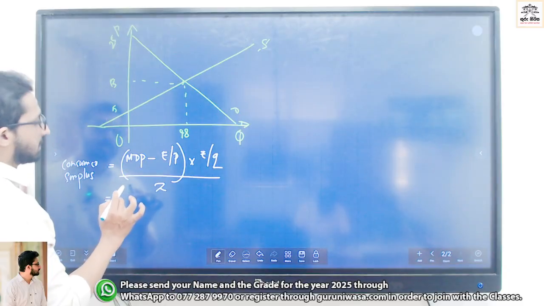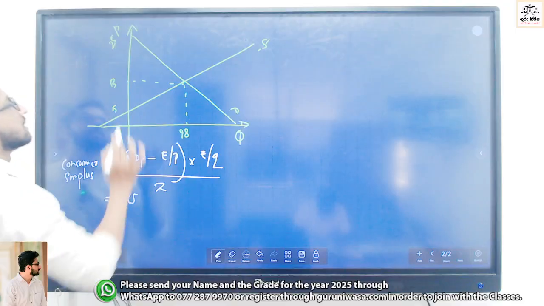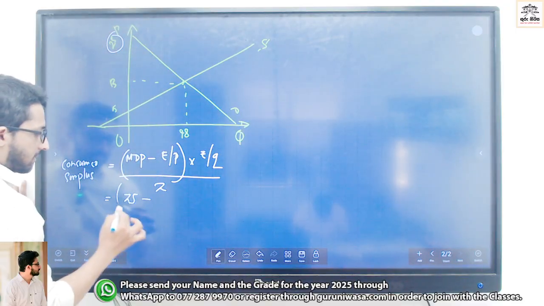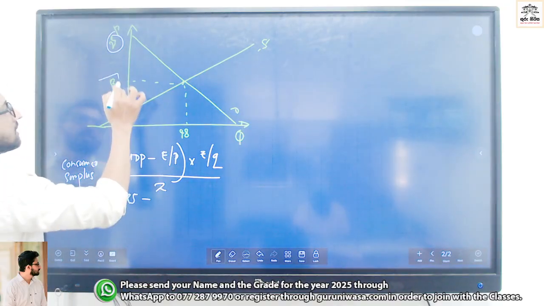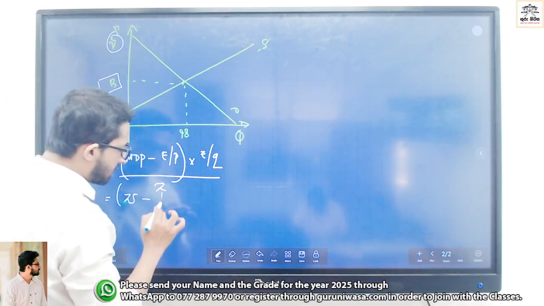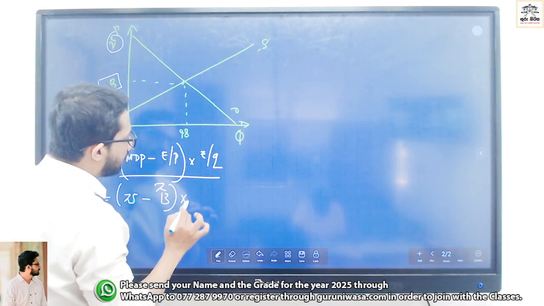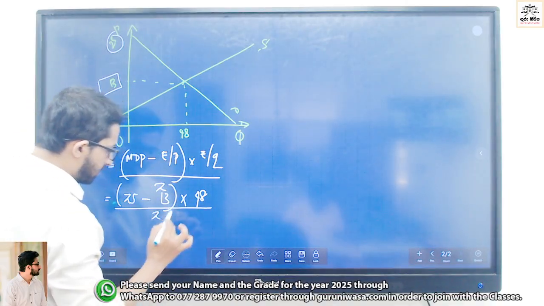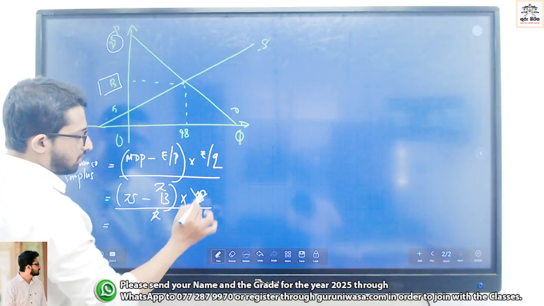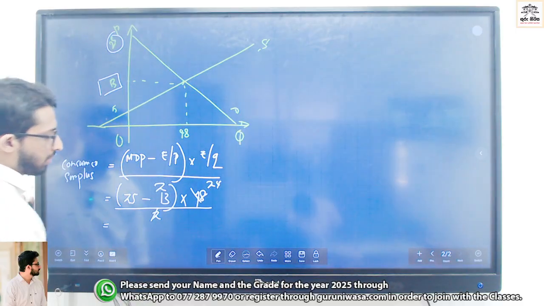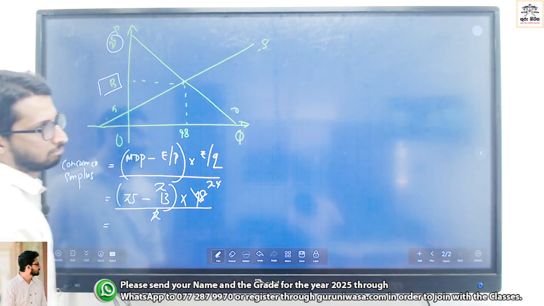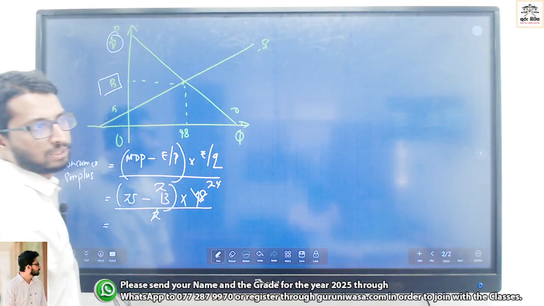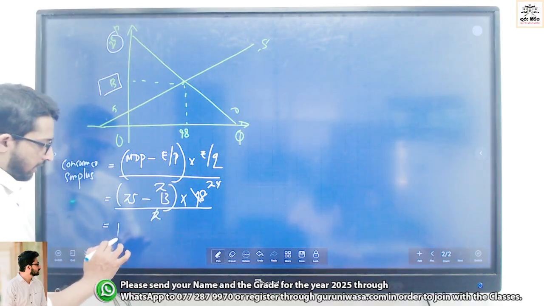Maximum demand price is 25 rupees, minus equilibrium price 13 rupees, into equilibrium quantity 48 units, divided by 2. That is 12 into 24, which is 288.